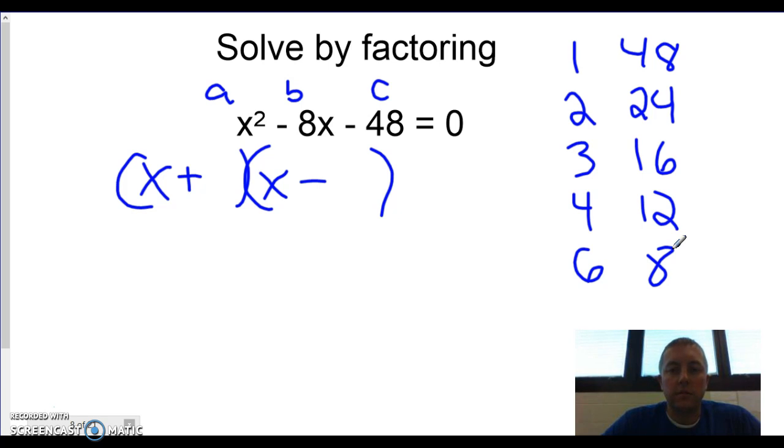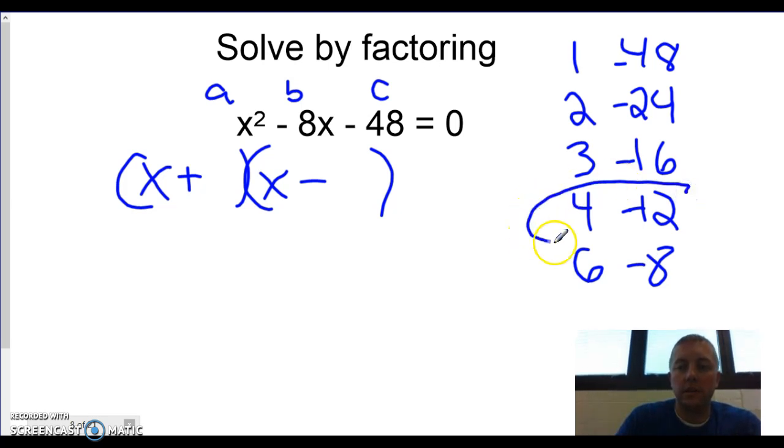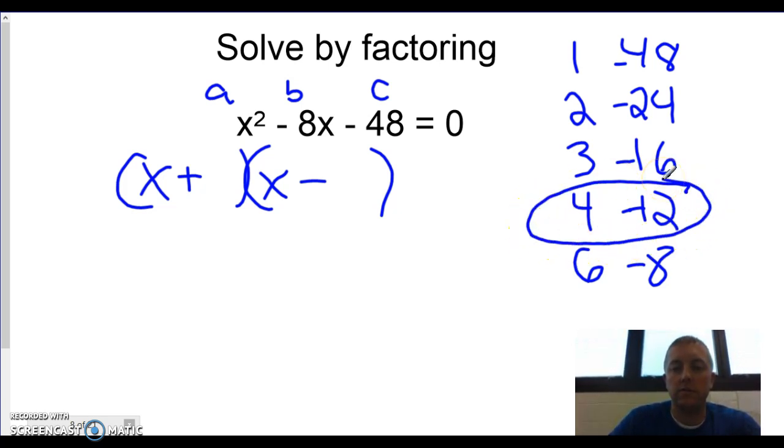Okay, so let's look through here. If c is negative, that means if b is negative, it means our larger factors must be negative. And then look to see, among these sets of numbers, which of these add up to give me a -8. In this case, that is the +4 and the -12. So I write that in here, and that's set equal to 0.